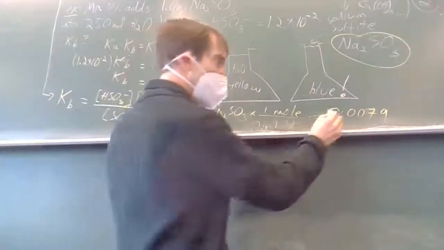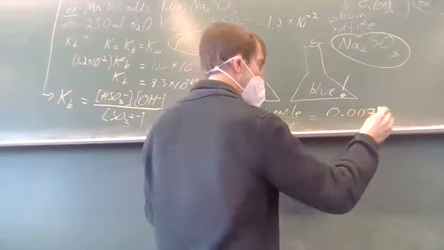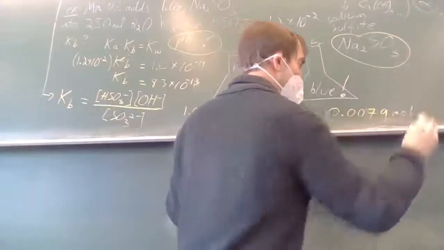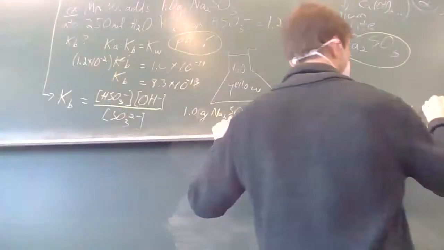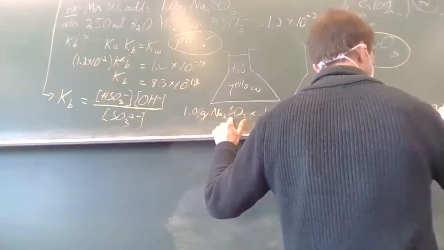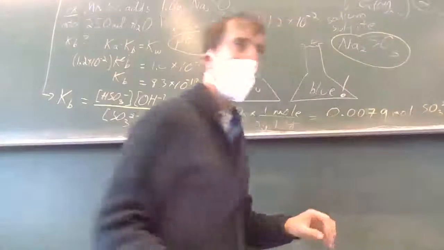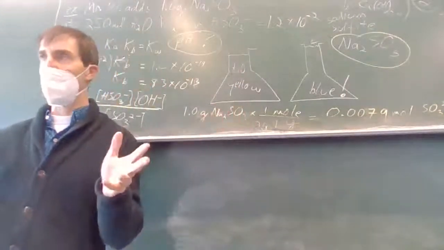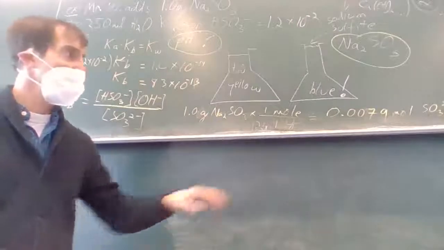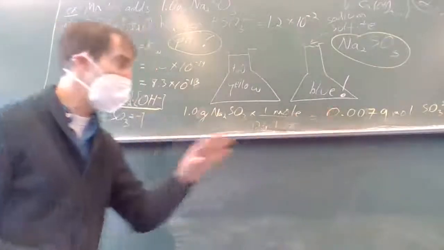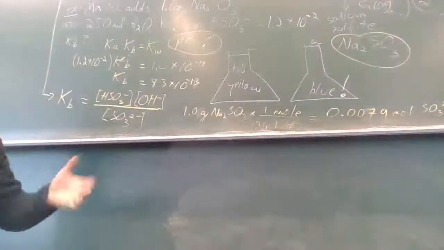Okay, so folks at home, 0.0079, and that would be now moles. Now I can write the whole thing, or I can just say what I care about. It's moles of SO3 2 minus, isn't it? Because we said the spectator ions are the Na pluses, so I don't really care about them, right? We okay with that? Okay, then let's divide it by liters.